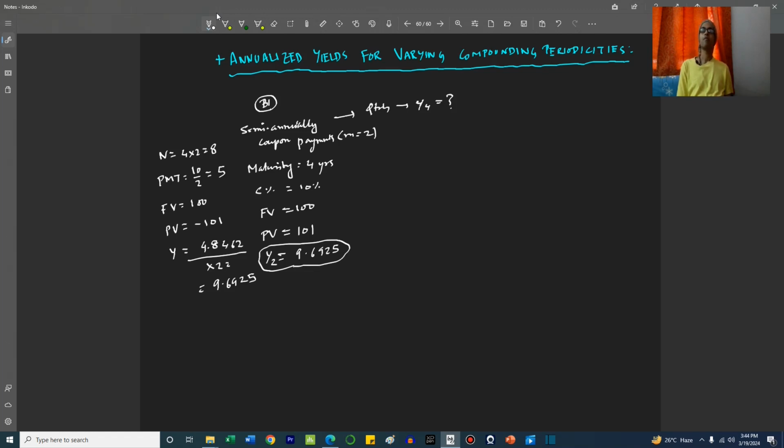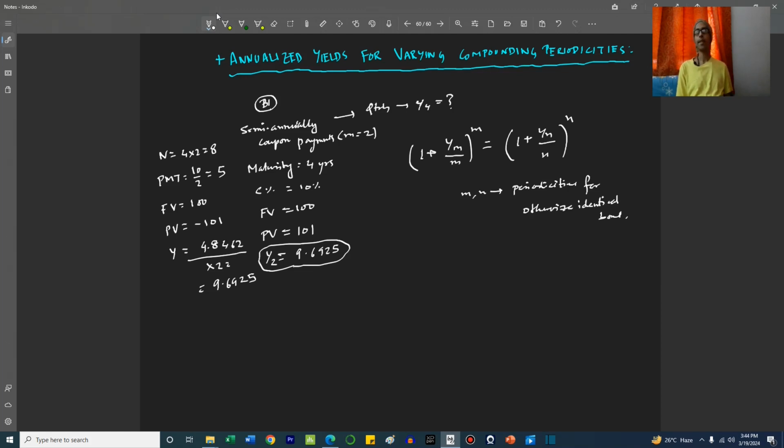Now there is an expression for that. It goes like this: (1 plus ym by m) to the power m is equal to (1 plus yn by n) to the power n, where m and n are periodicities for otherwise identical bonds.